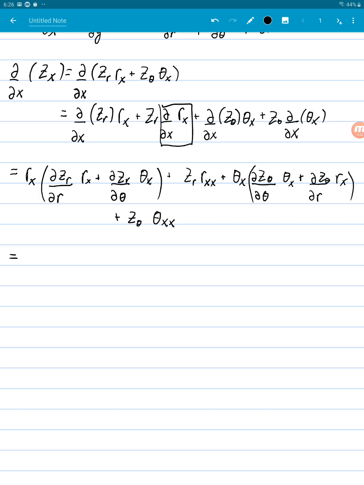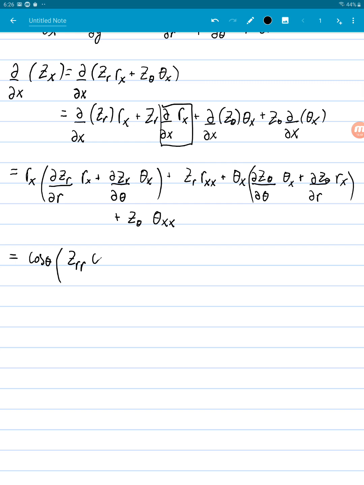So we can then go and start plugging in what we actually know here. We already know what the derivative of r with respect to x was. That's cos theta. Then we'd have our second derivative of z with respect to r, which is going to be unknown. We can't really say what that is any further.